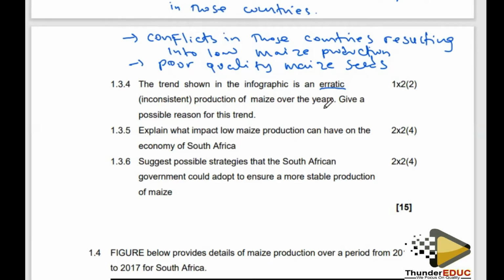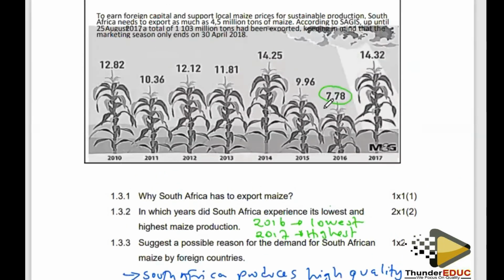If you check back on the infographic, you can see 2010 it was high, 2011 it dropped, 2012 it rose, 2013 it dropped a little bit, 2014 it rose, it dropped, then it rose again.